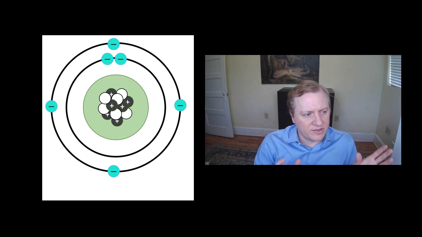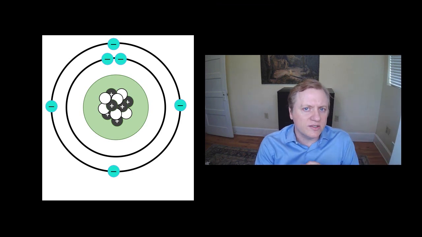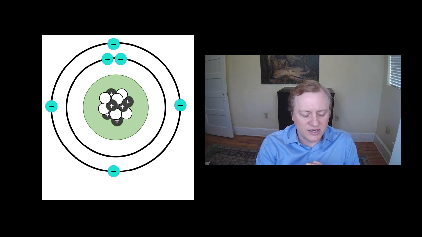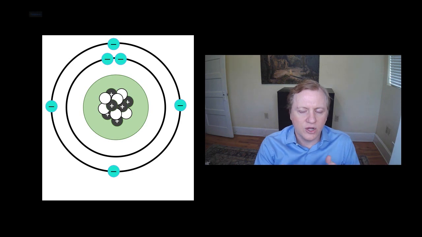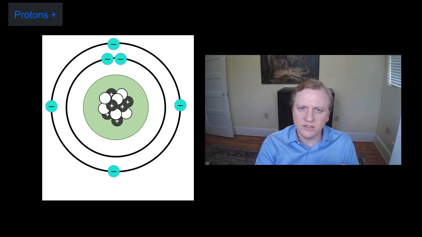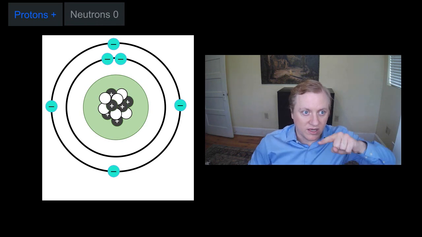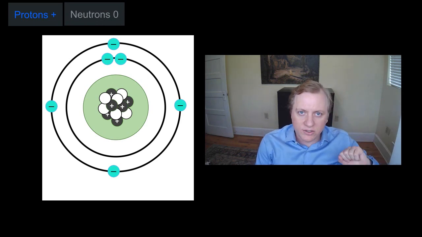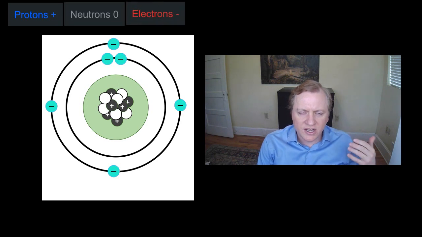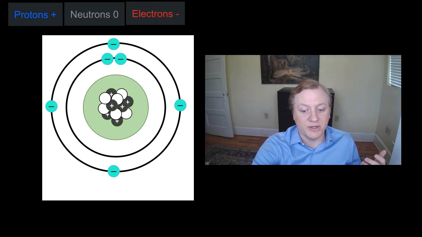So I've said that there are protons and neutrons in the nucleus of an atom, in the very center, and the names might have tipped you off to the fact that protons have a positive charge, neutrons have a neutral charge. The electrons flying around this nucleus have a negative charge. Now, what does it mean to be charged?